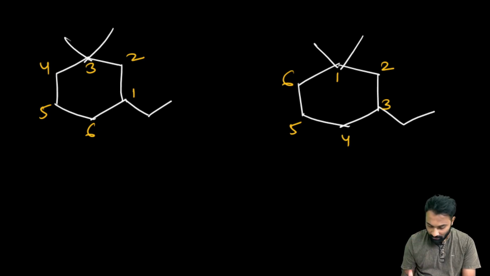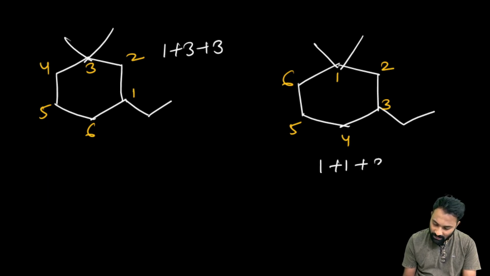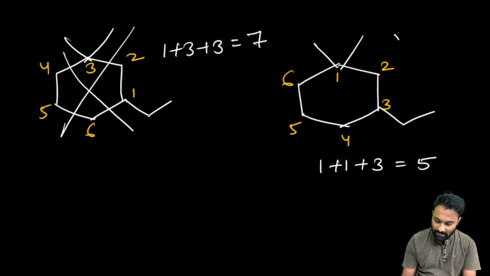Even though you are following the alphabetical order, you also have to cross-check the locant sum rule. If you give the high priority to the ethyl one, the locant sum rule gives 1 plus 3 plus 3. Okay. Then if you give the high priority to this methyl one, 1 plus 1 plus 3. Here the locant sum we are getting is 7. Here the locant sum we are getting is 5. So this numbering is wrong and this numbering is correct.